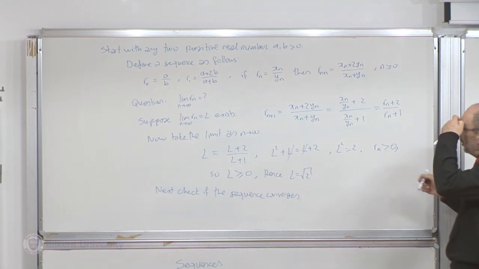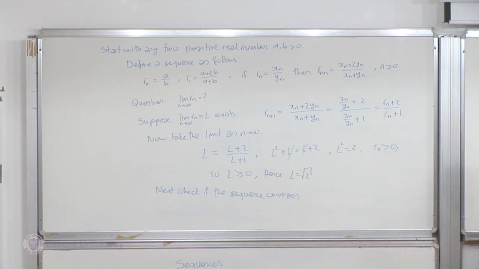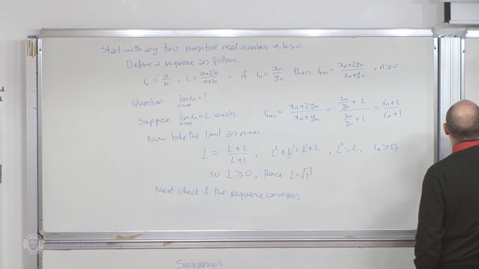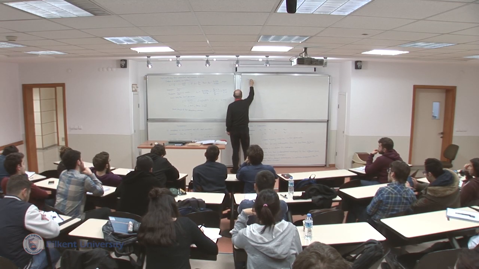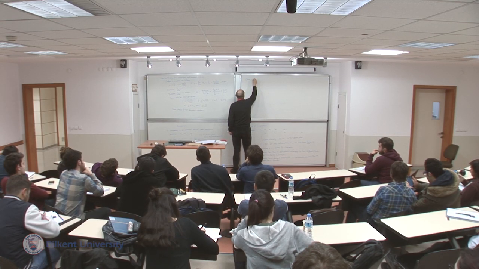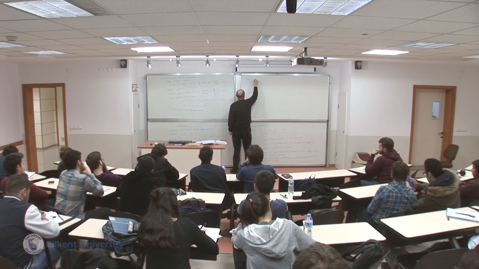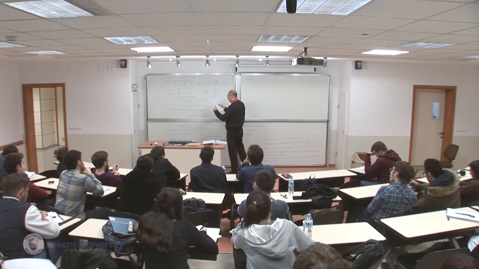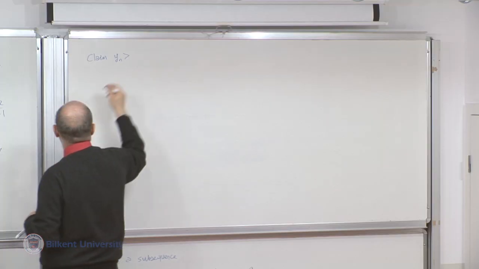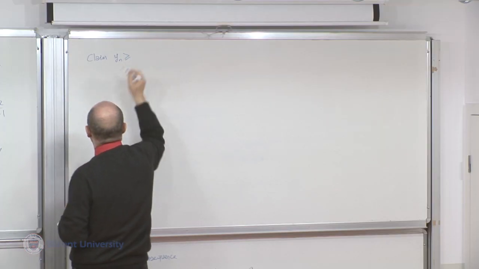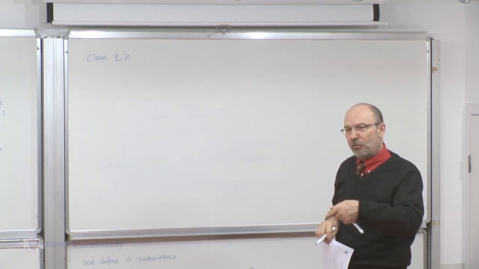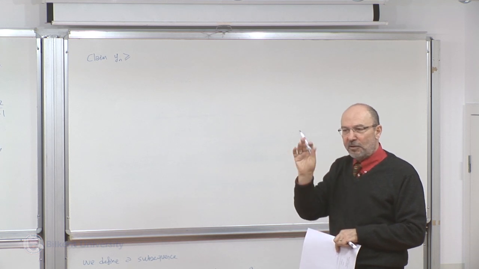In fact, in the proof, we'll need that y_n goes to infinity. So note that. Claim: y_n is greater than or equal to 2 to the power n times b, for n greater than or equal to 0. Generally I put greater than or equal to, because if you want to say strict inequality, you have to prove something extra, that they will never be equal.